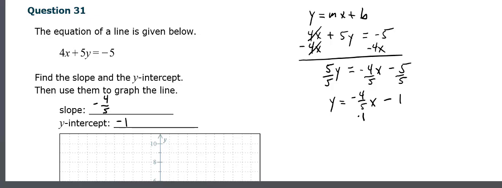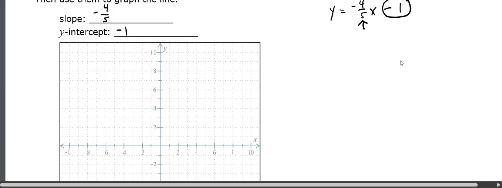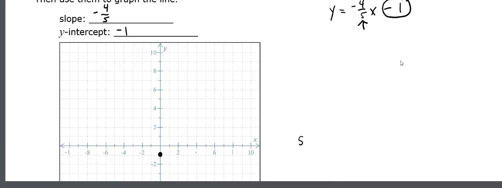So remember the slope and your y-intercept. So next we come to our graph and we plot our y-intercept. That's the place where the graph touches or crosses your y-axis. And our slope is -4/5.